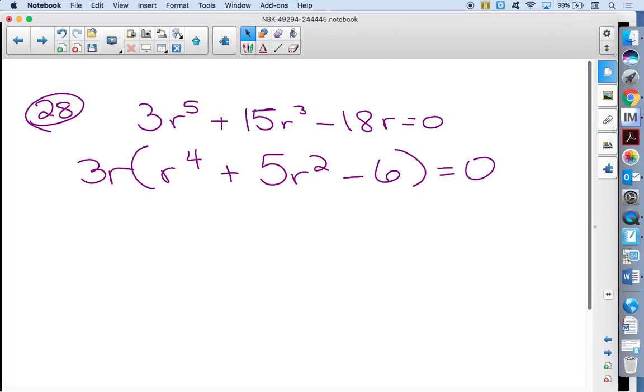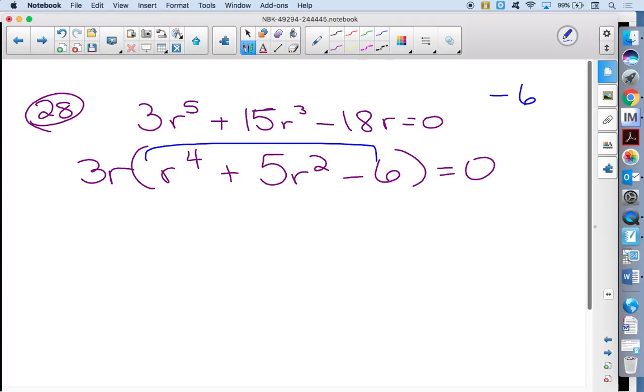So now looking at the inside, I have 3 terms. If you go down to the 3 terms, we have that AC grouping process. So we're looking at the number -6. She said a -1 and a +6, because we have a -6 on the top, and we're trying to get a +5 in the middle. So we have r to the 4th, which is okay.